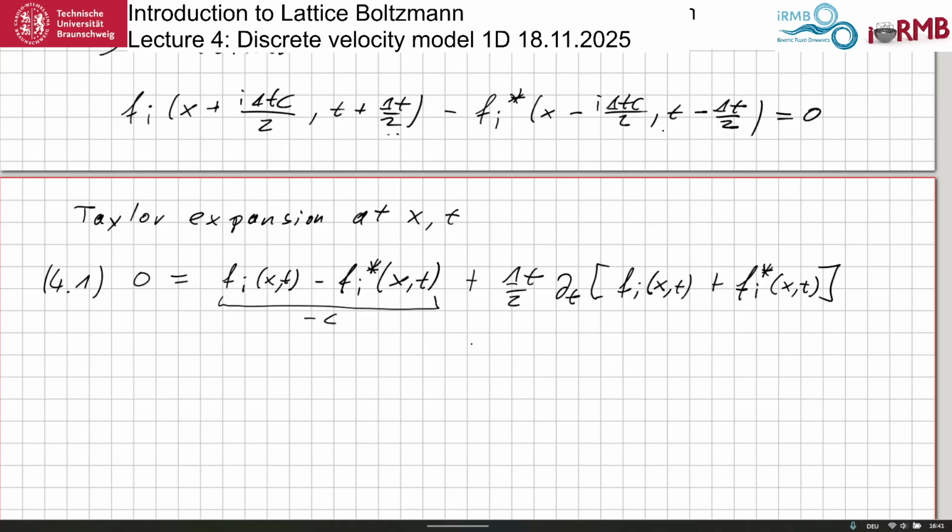So now from here on, I will skip over the x and t here. Next thing is we go into the x direction. Okay, I've not written c here, so I write for you. I write c here, 1/2 dx. So what happens? The same thing happens, because we go here positive, here negative, but here is a minus, right? So exactly the same thing happens. Fi plus fi asterisk.